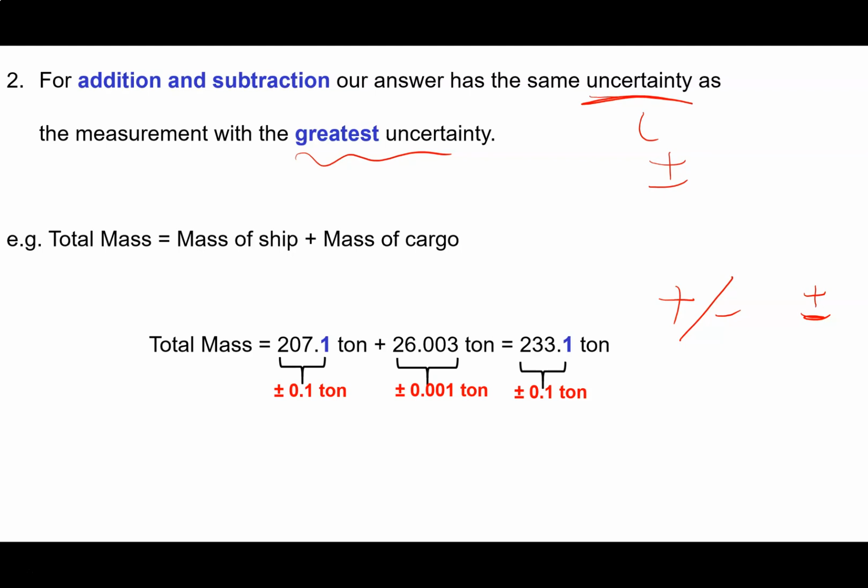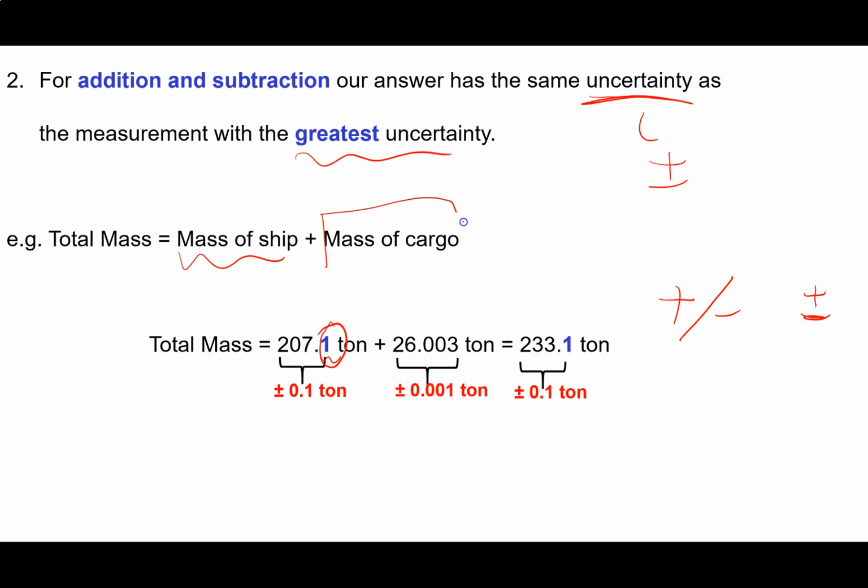So here I'm adding together the masses of two objects that were measured using very different scales. There's a ship that's going to be carrying my cargo, and the ship was weighed to plus or minus 0.1 ton. There's the last significant digit there.